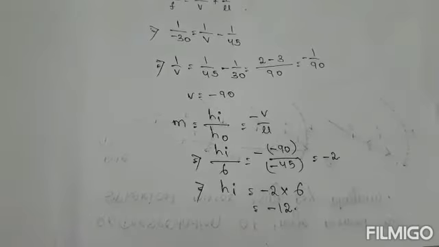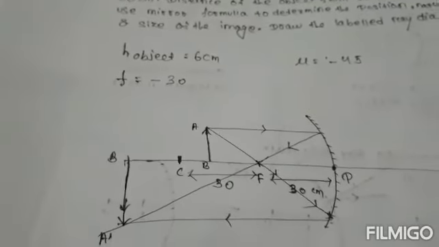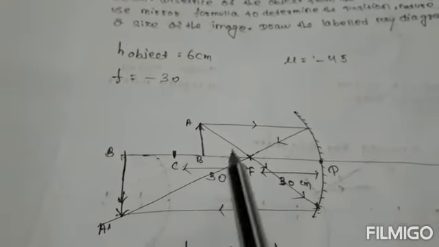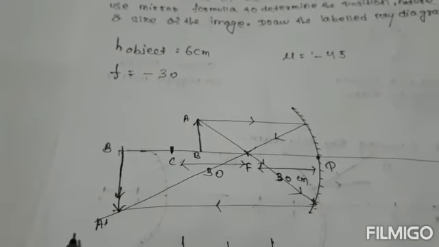Let us draw the labeled ray diagram. Here this is the object, and one ray is parallel to principal axis, so after reflection it passes through the focus.